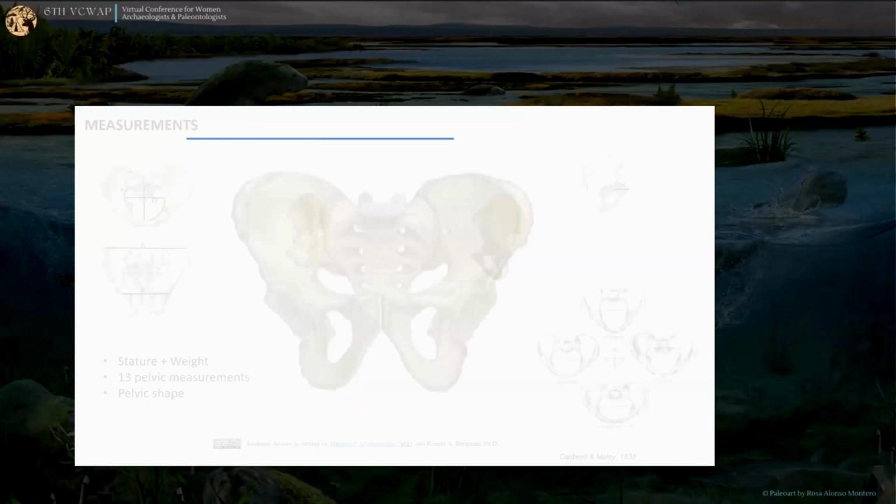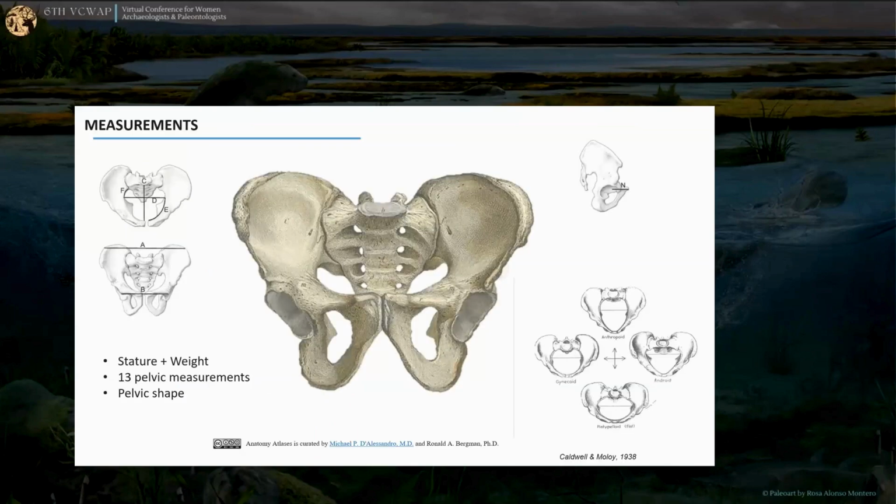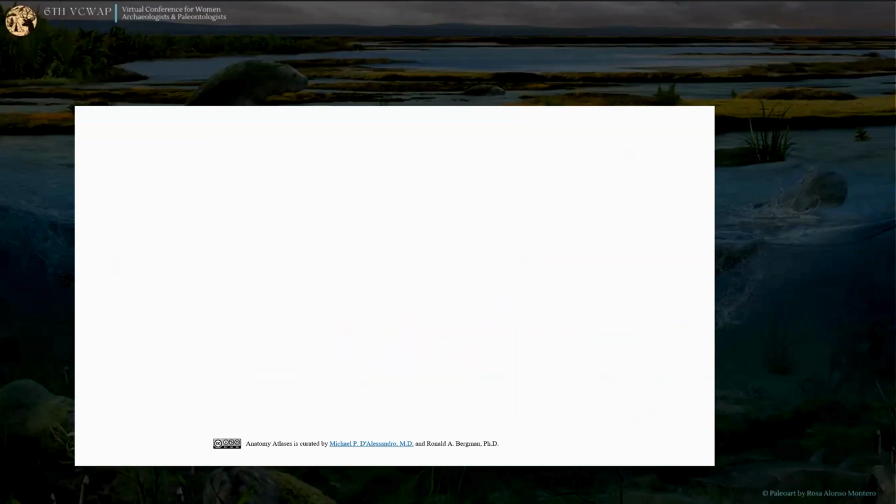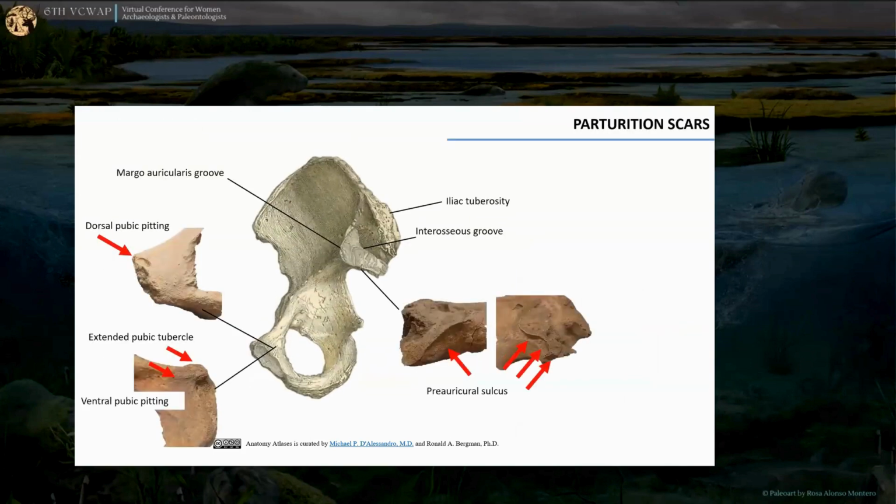First of all, we estimated stature from femur length and weight from the femur head diameter, and then recorded 13 pelvic dimensions to try to capture somatic size and obstetric diameters. Then, very briefly, I will show you which parturition scars we evaluated in our samples.